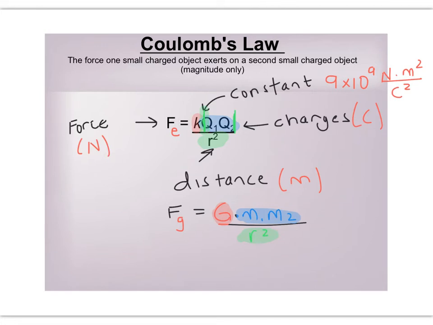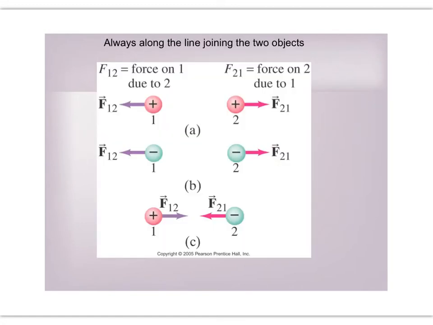It's the same idea. With electric force, we're going to find the magnitude always of the electric force, and then we'll determine direction. Notation that I might use occasionally to help keep things straight when there's lots of forces is, for example, F12. F12 stands for the force on object 1 or charge 1 because of charge 2.